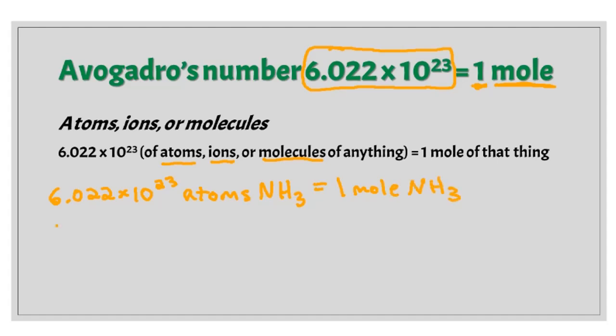If we have 6.022 times 10 to the 23 ions of NH3, that's going to equal 1 mole of NH3.